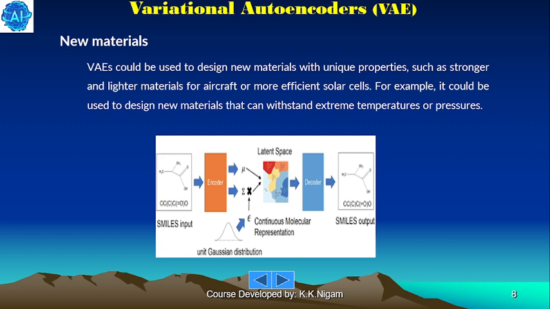New materials: VAEs could be used to design new materials with unique properties, such as stronger and lighter materials for aircraft, or more efficient solar cells. For example, it could be used to design new materials that can withstand extreme temperatures or pressures.